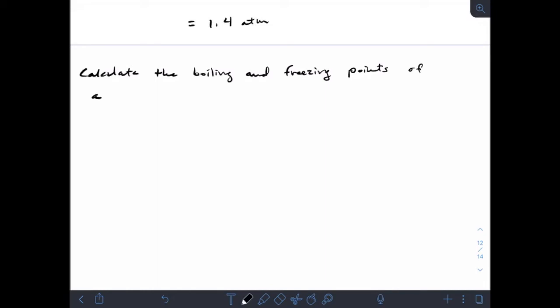And we're specifically dealing with a 25% by mass solution of ethylene glycol. And ethylene glycol has a formula C2H6O2.